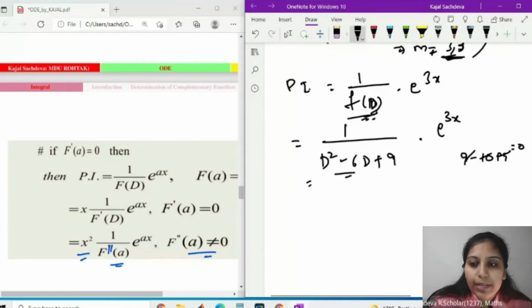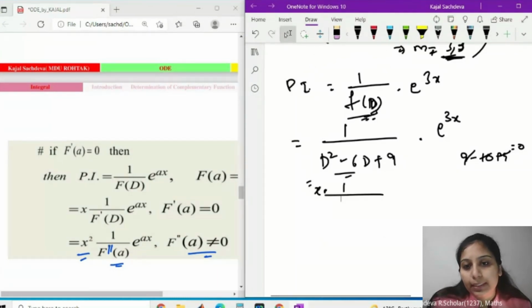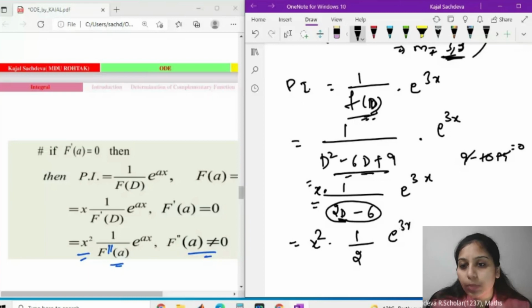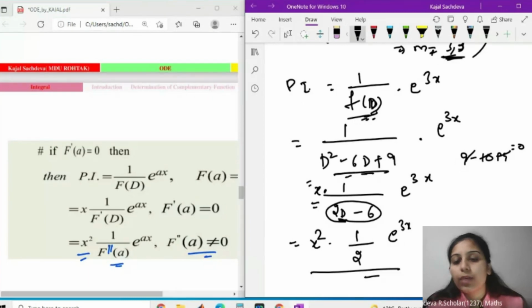When we take the derivative and multiply by x, the derivative is 2D - 6 with respect to D, times e^(3x). Again, when we put 3 here, 6 - 6 is 0. Again a case of failure. So here we multiply again by x, it becomes x², and taking the derivative we get 2, so the PI is x² e^(3x)/2. So this is our required PI in this case.